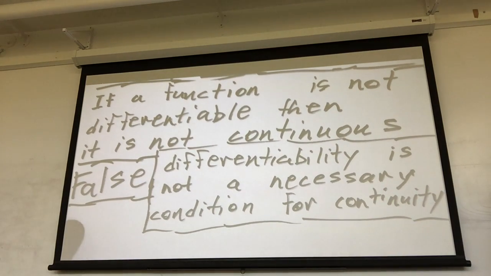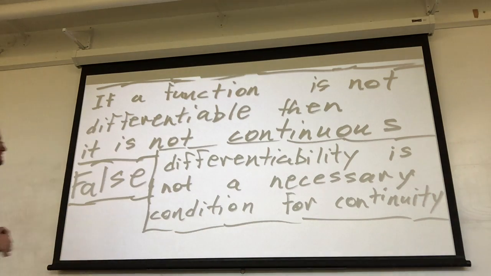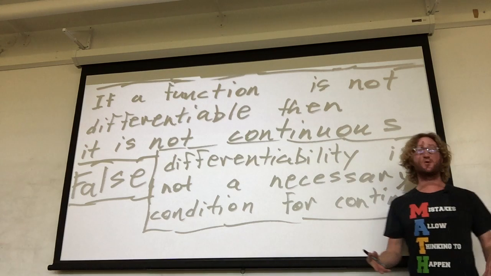Because this statement is false. Okay? So what's meant by that is that you can have a continuous function, but it is not necessary for that continuous function to be smooth.